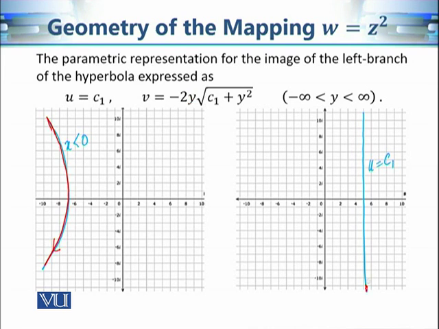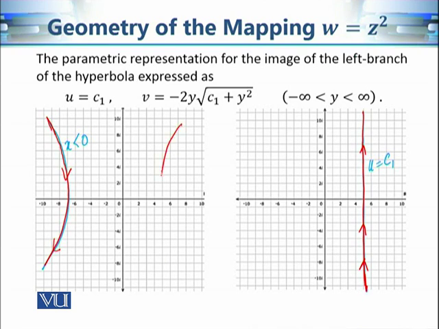So in other words, if we travel from top to the bottom on this portion of the hyperbola, then we will be traveling from bottom to the top on this line. Okay, so that's the effect or the image of this hyperbola under the mapping f of z is equal to z square.